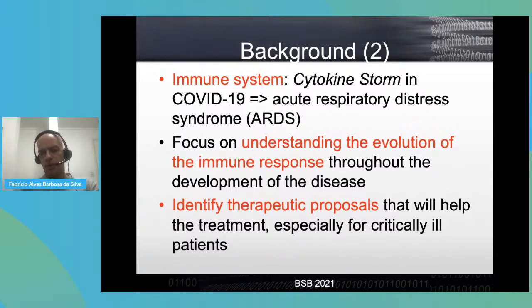A cytokine is a pro-inflammatory signaling molecule that's used by our immune system to fight infections.